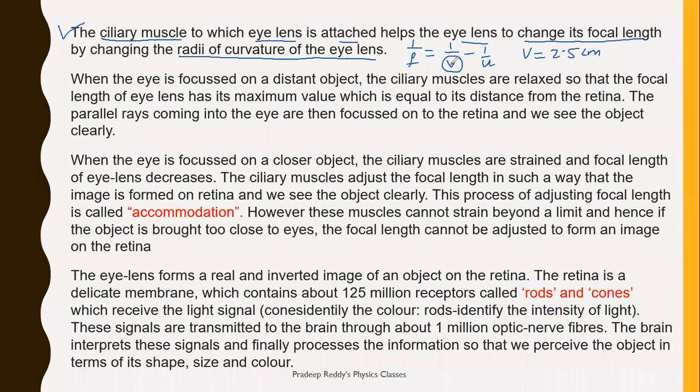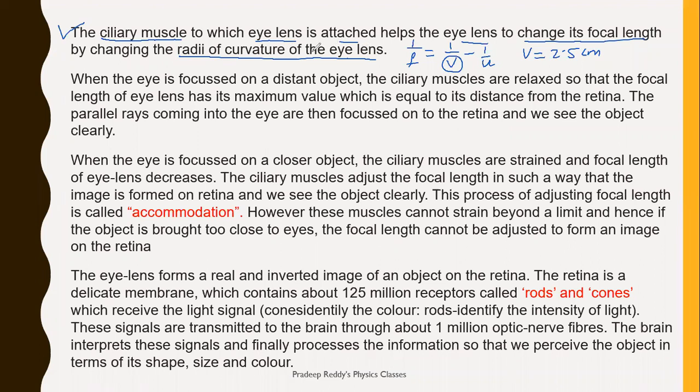If V is fixed, then U, the position of the object, of course changes from point to point. You can place the object at 5 centimeter, 10 centimeter, 20 centimeter, 100 centimeter. If U is undergoing change, in order to maintain this constant V, you should change F. So the focal length of the eye lens should be changed, and this happens with the help of the ciliary muscle, which changes the radii of curvature of the eye lens.